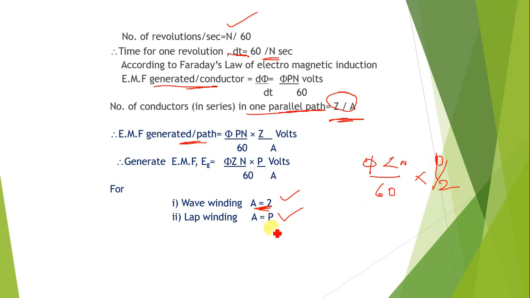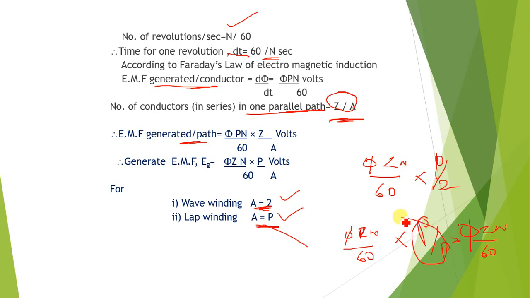In case of lap winding it becomes phi Z N by 60 into P by P, because A is equal to P. There will not be any secondary term, since P by P is equal to 1.